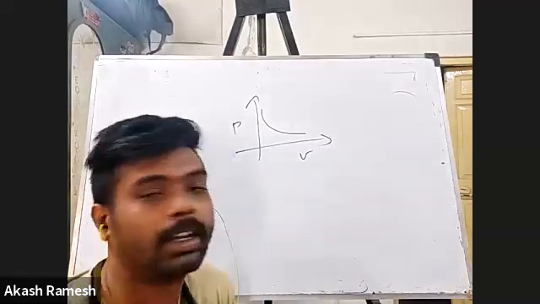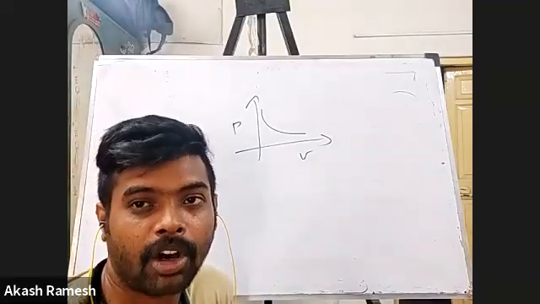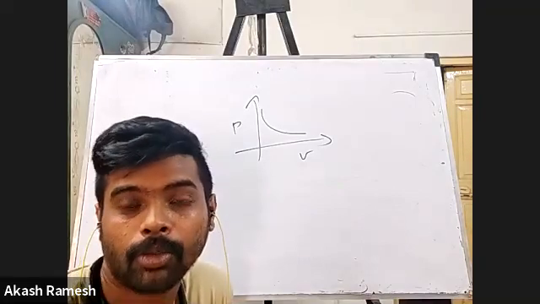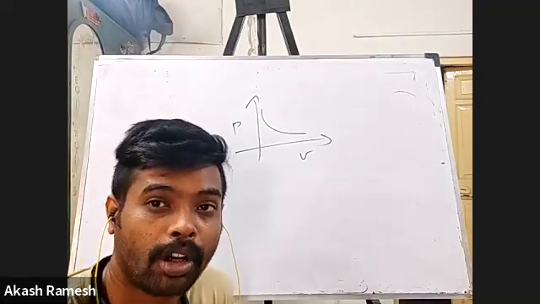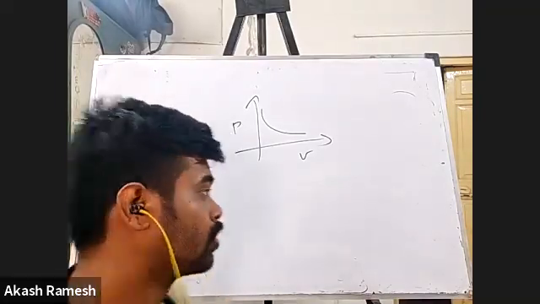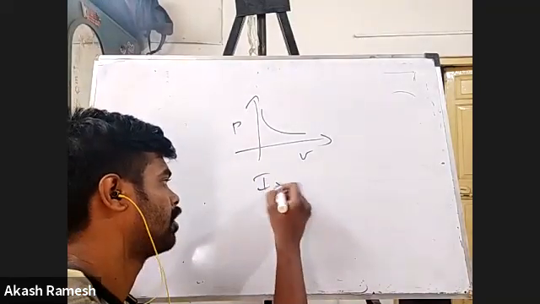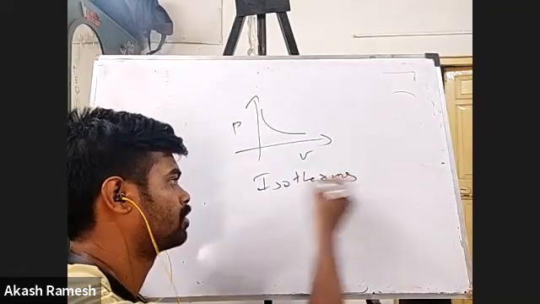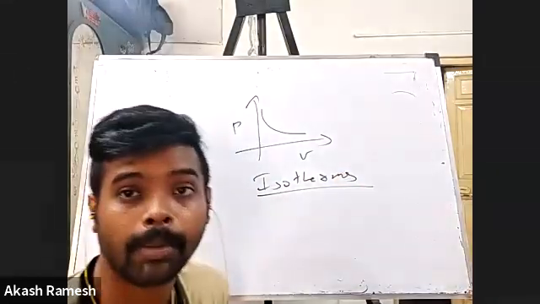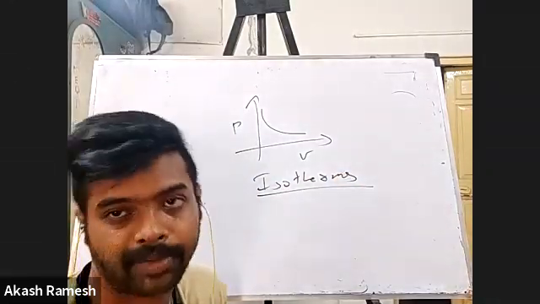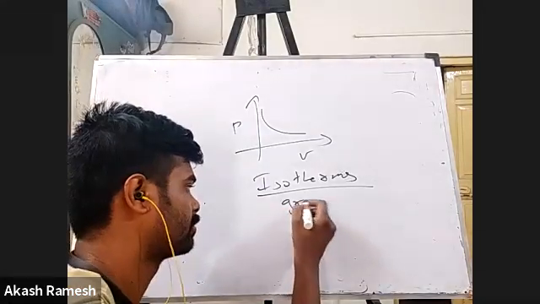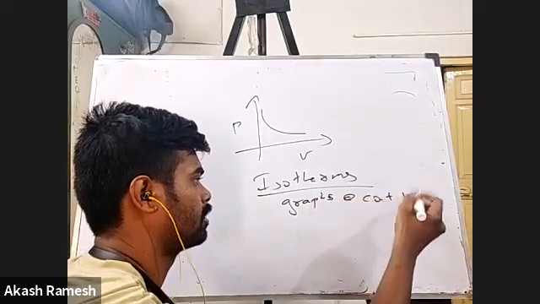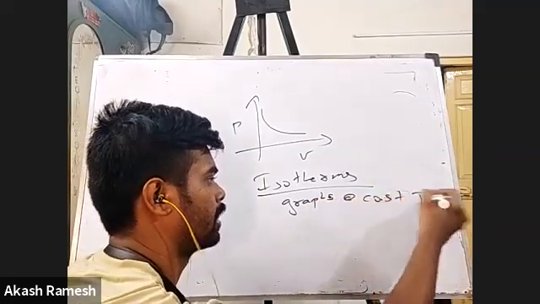Now this particular curve which I got here: whenever you plot a graph when you have constant temperature, those kinds of graphs are called isotherms. So what do you mean by isotherms? Isotherms are graphs at constant temperature.